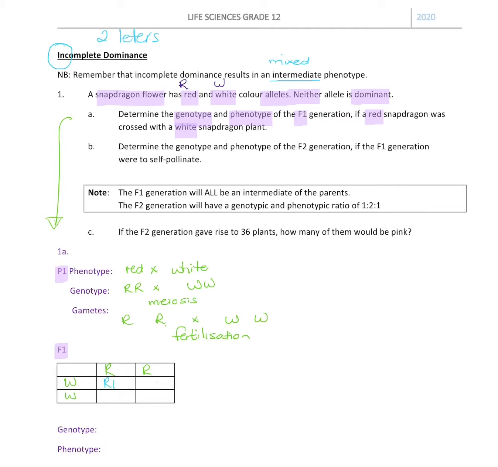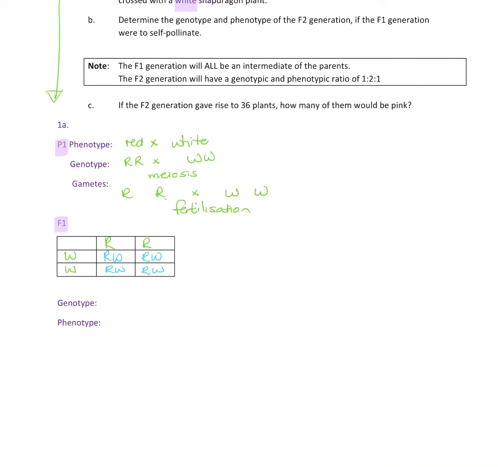Now in this case, the resulting genotype is going to all be the same. So we're going to have 4 RW, and when we analyze the results, the resulting phenotype will be 4 pink offspring.